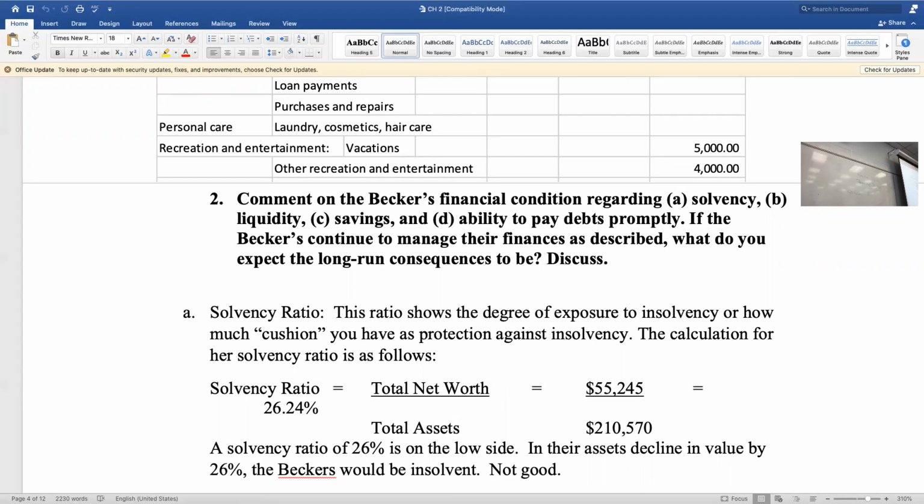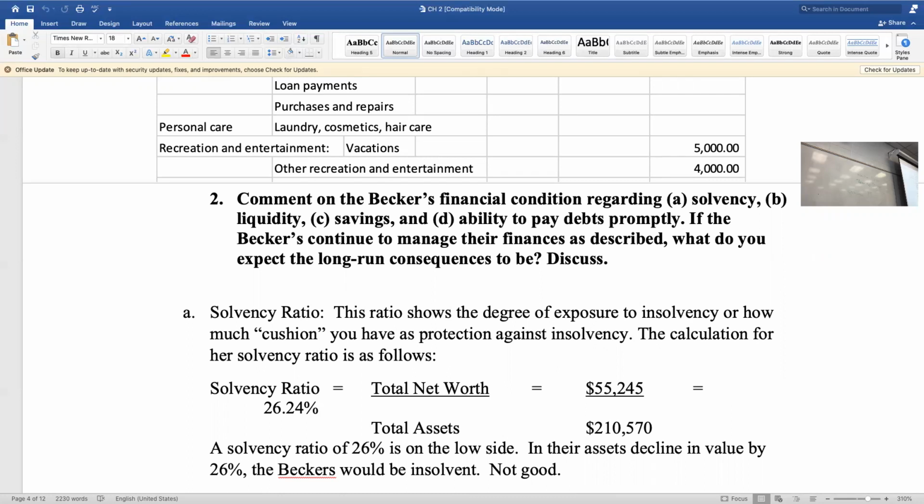So think about their house. Just think about the housing market. Let's say they bought it during a bubble. If their house decreases by 26%, then they would be considered insolvent. Or if their investments, well, they just bought some stocks, they didn't have any at the time, but if their assets in total decrease by 26%, they would be considered insolvent.